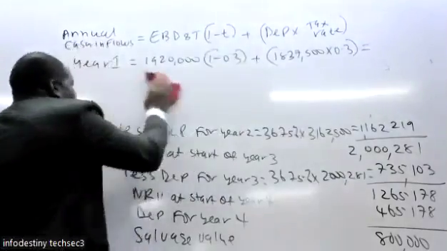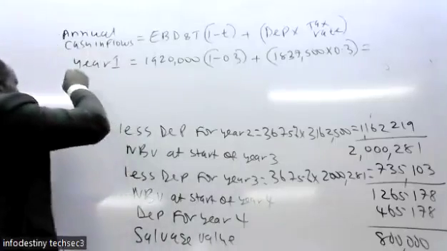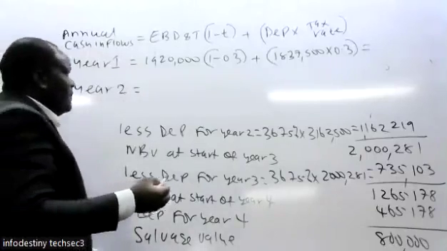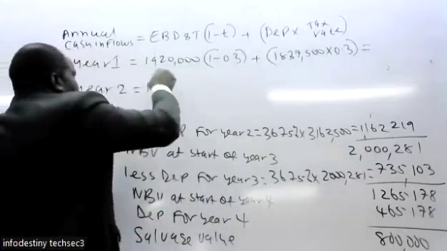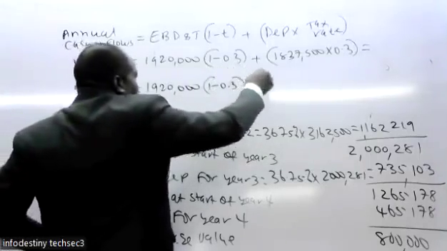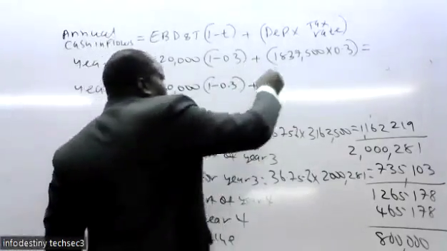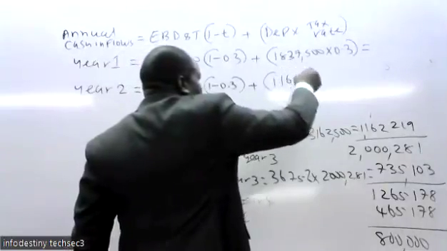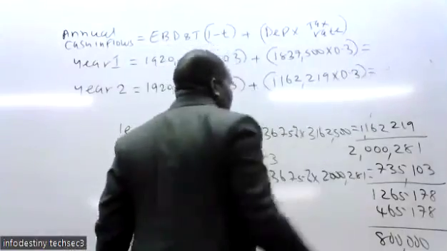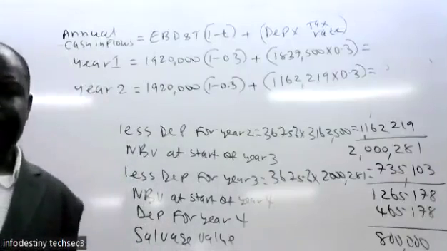Then come year 2, we do the same. It's 1920 times 1 minus 0.3. Depreciation for year 2 was 1,162,219, also multiplied by 0.3.